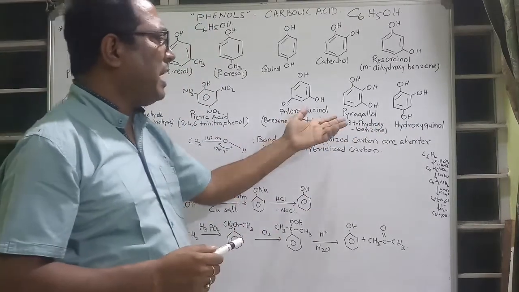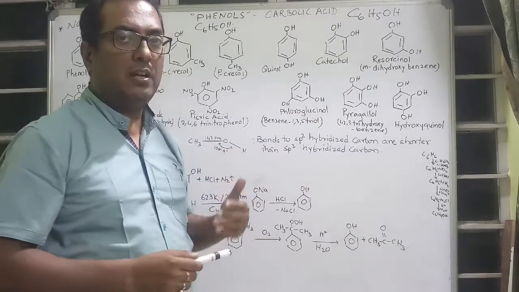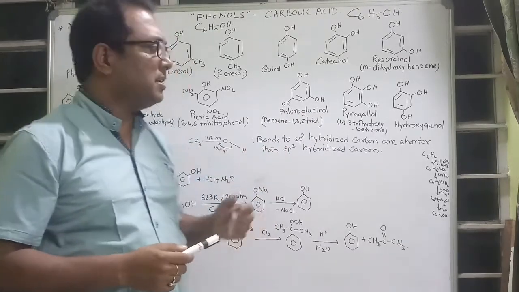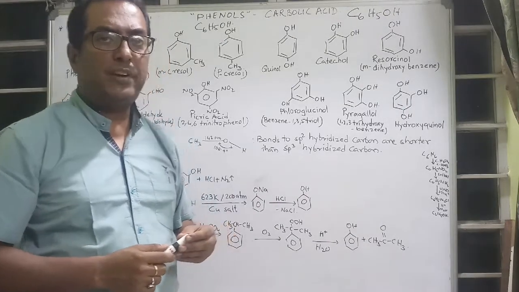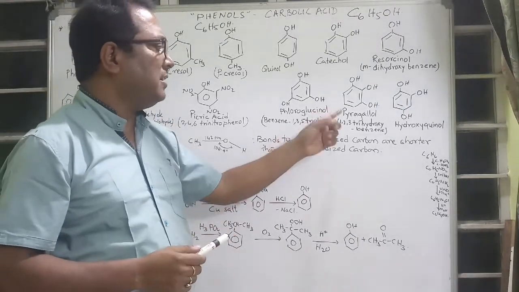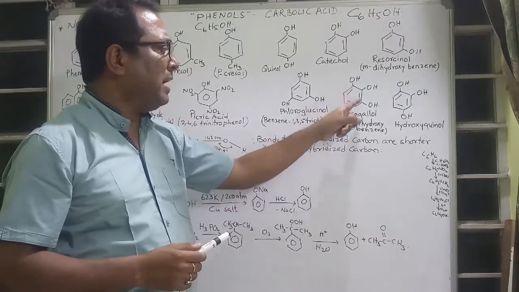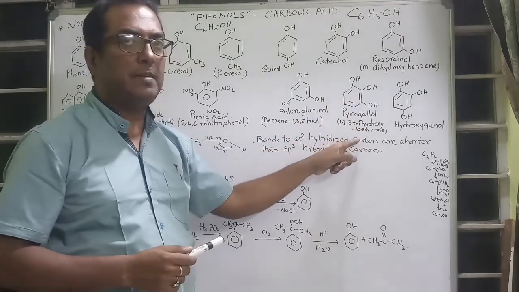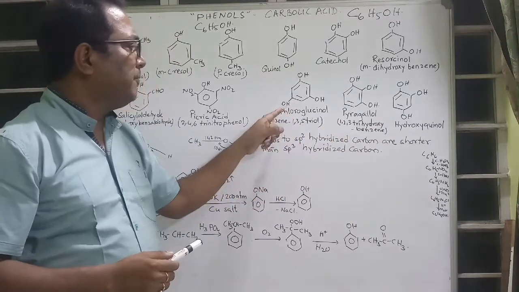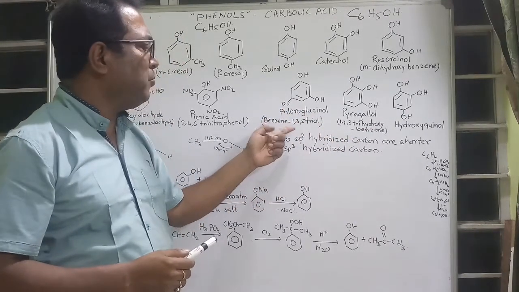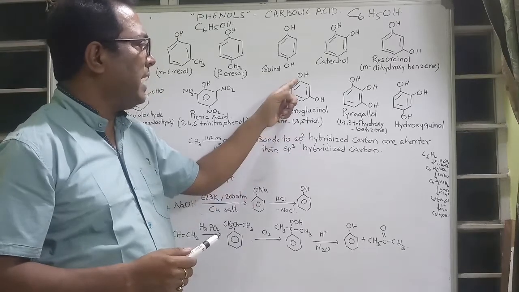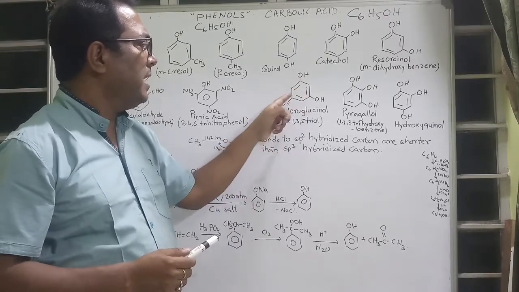We have pyrogallol. We use pyrogallol often in chemistry while dealing with different organic compounds. Pyrogallol is 1,2,3-trihydroxybenzene, and phloroglucinol is benzene-1,3,5-triol, with OH at 1, 3 and 5.